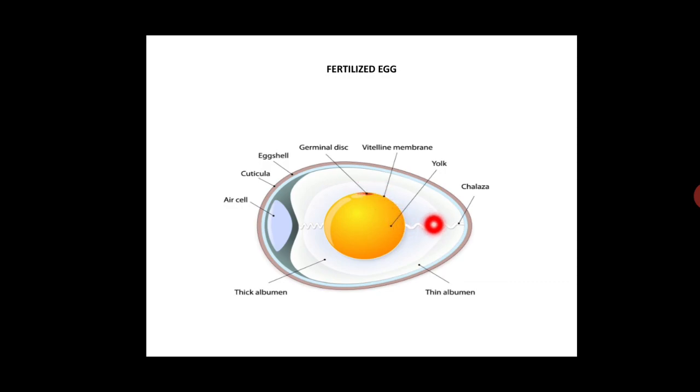This is chalaza, which serves to suspend the yolk in albumin, and its twisting during rotation at the time of egg laying is important for craniocaudal polarity.